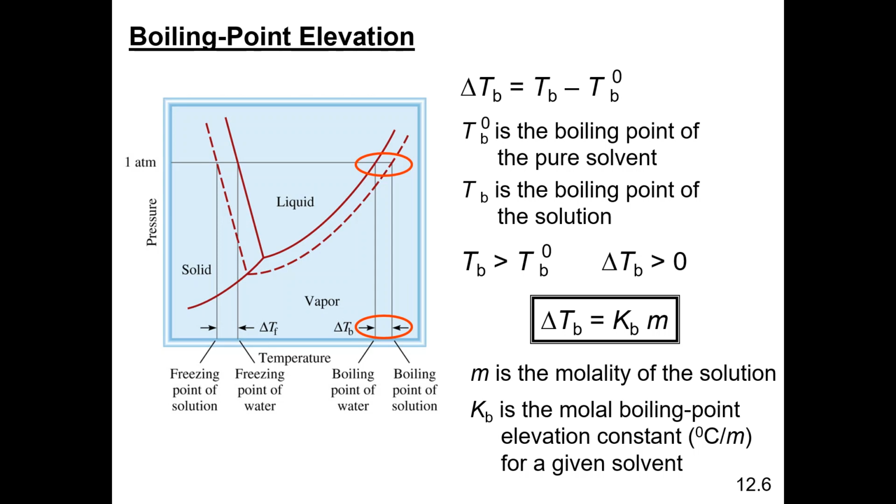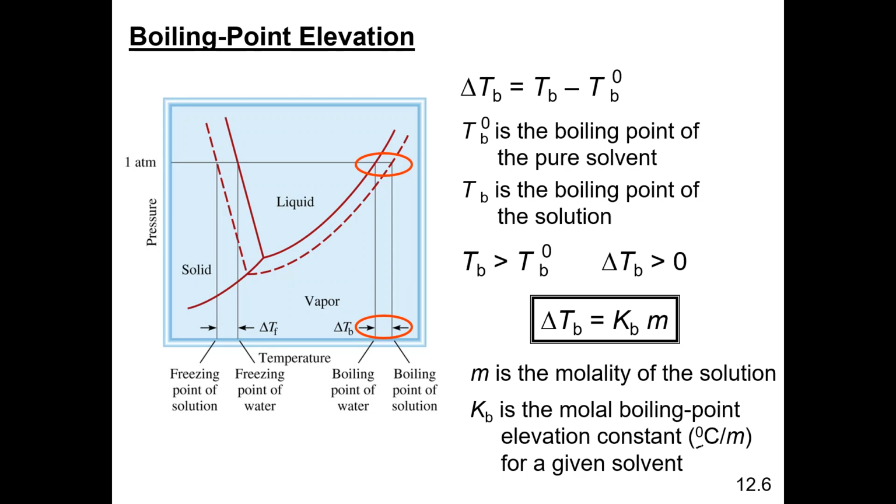So that's the relationship between the elevation of the boiling point and the molality. It's basically a proportional relationship with KB being the constant of proportionality. Another thing I want to point out here is the units of KB. The units of KB is degrees Celsius over M, M being, of course, the molar unit, all right?